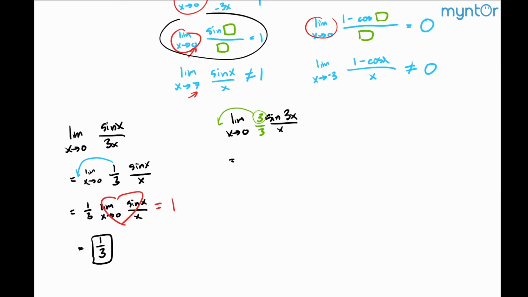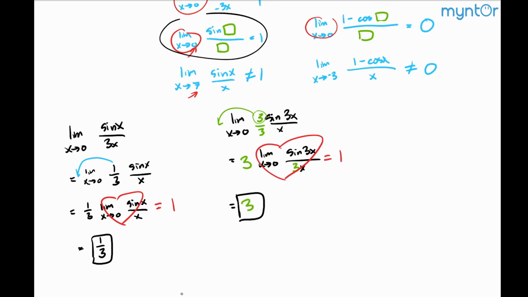And so this simplifies to 3 times the limit as x approaches 0 of sine 3x over 3 times x. Again, recognizing that we love this because we know that this is equal to 1, we would say that this is equal to simply 3.